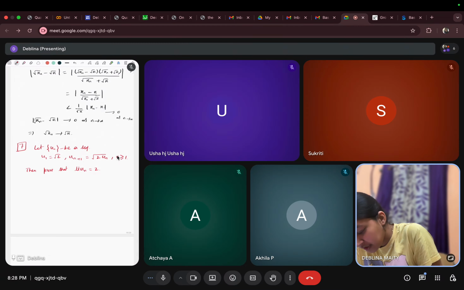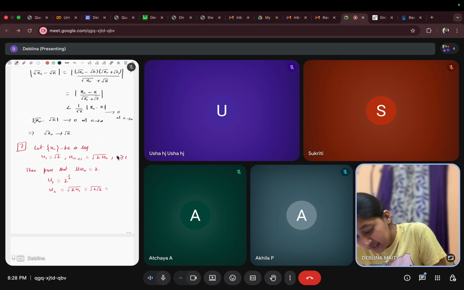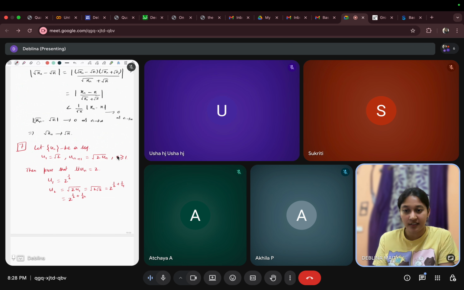So u1 is what? u1 is root 2, meaning 2 to the power half, and then u2 is what? Root over 2 u1, which is nothing but root over 2 root 2, and this is what? This is 2 to the power half plus 1 by 4, or we can write this as 2 to the power 1 by 2 plus 1 by 2 squared, right?